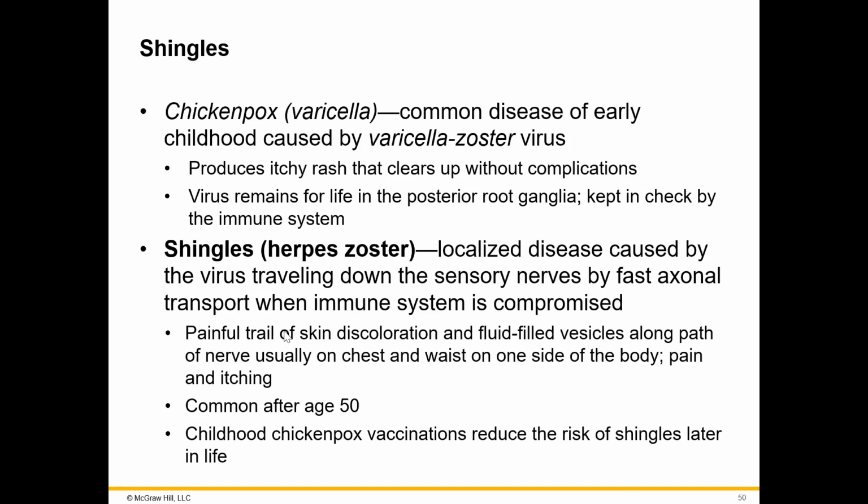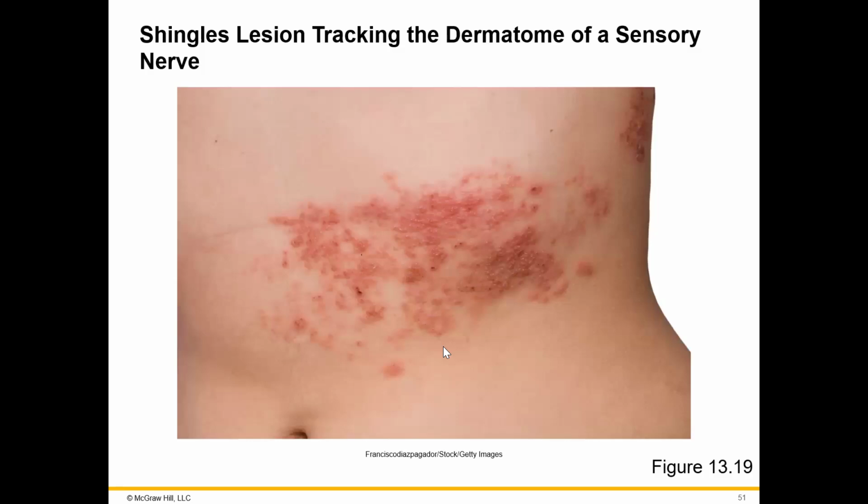There's a painful trail of skin discoloration and fluid-filled vesicles along the path of the nerve, usually on the chest and the waist on one side of the body. It is common after the age of 50. Childhood chickenpox vaccinations reduce the risk of shingles later in life. This is a shingles lesion tracking the dermatome of a sensory nerve.